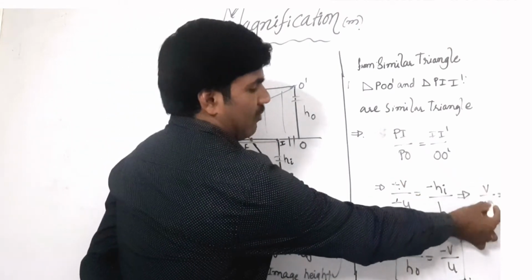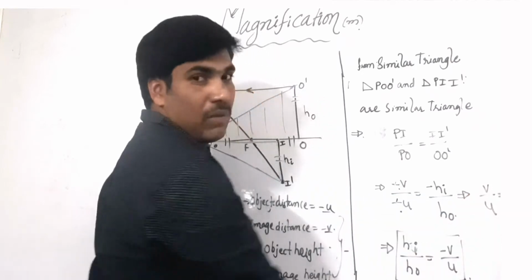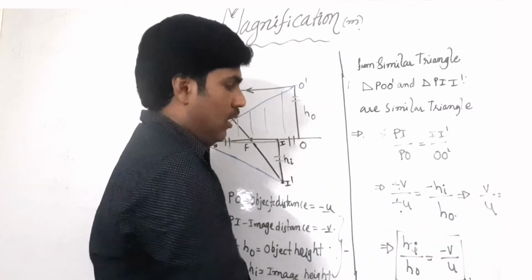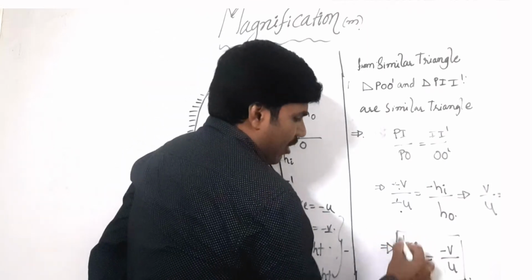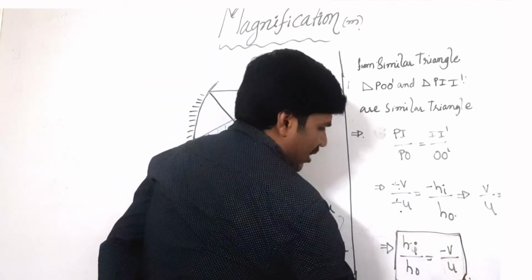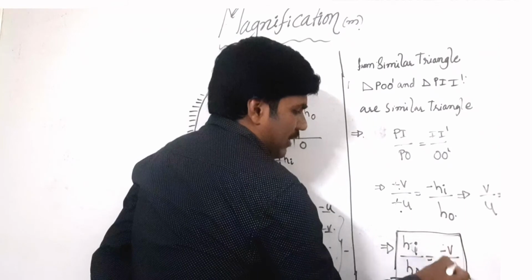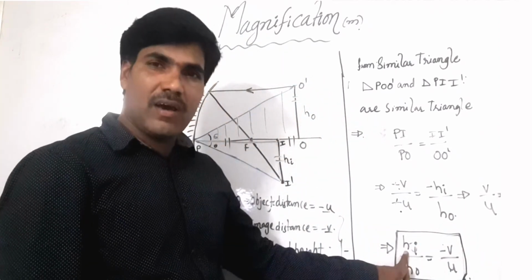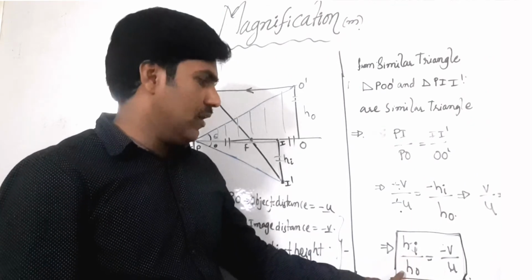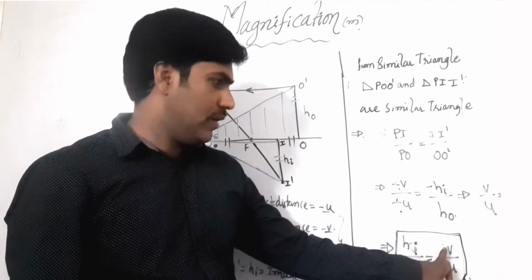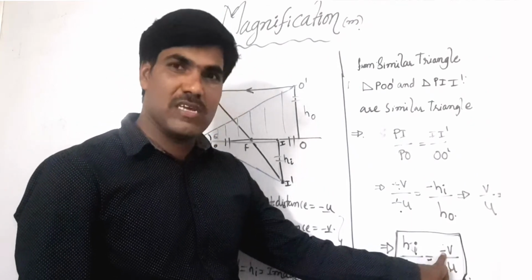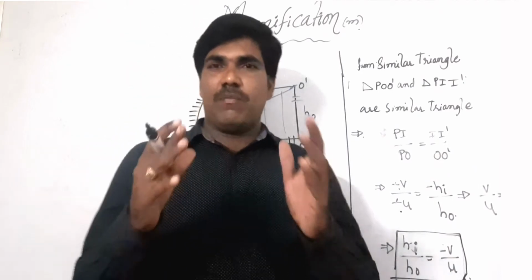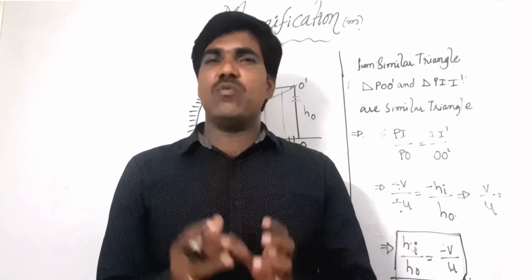Now it is written as V by U is equal to minus HI by HO. So HI by HO is equal to minus V by U. Here HI is the image height, HO is the object height, V is the image distance, and U is the object distance. So the magnification gives the relation.